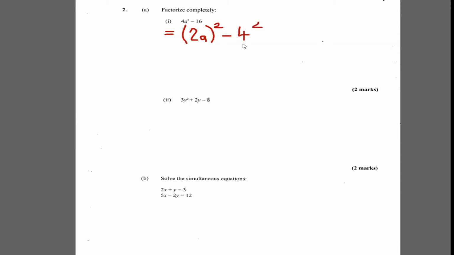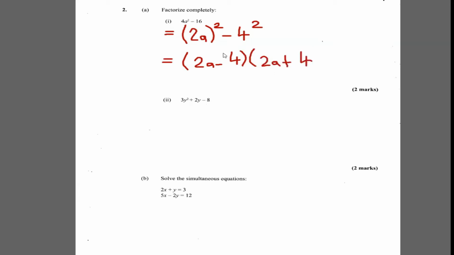All right, now we can then use difference of 2 squared to say a squared minus b squared is a minus b times a plus b. So this is just 2a minus 4 times 2a plus 4. This is what we're getting, 2a minus 4 times 2a plus 4. All right.